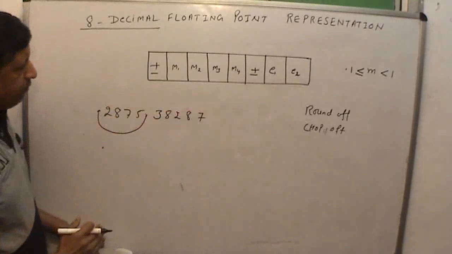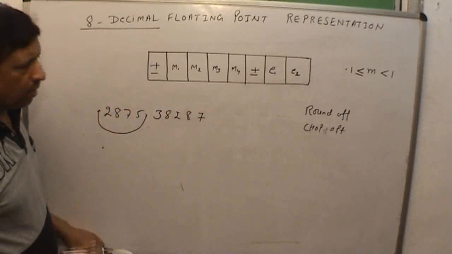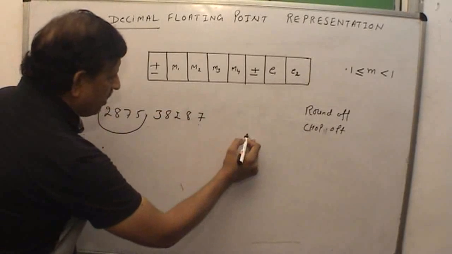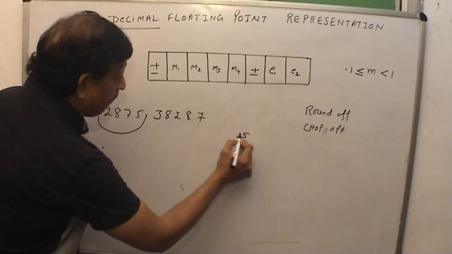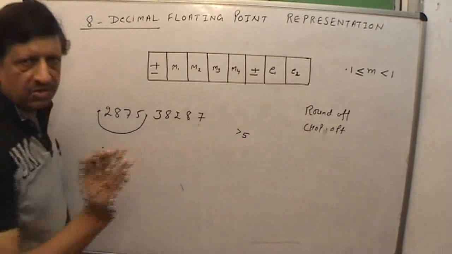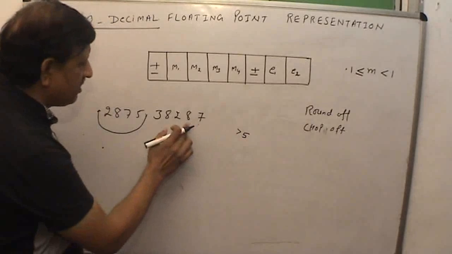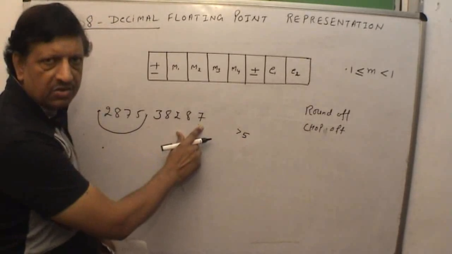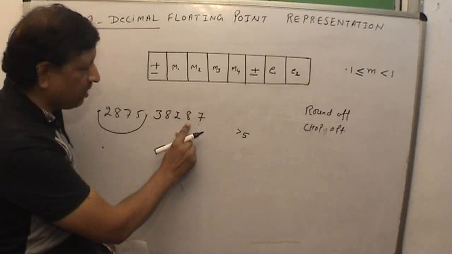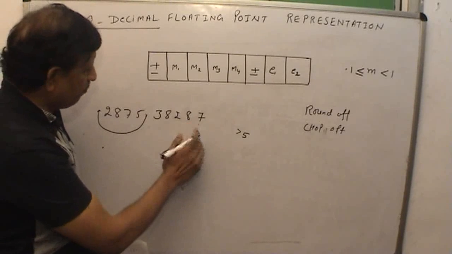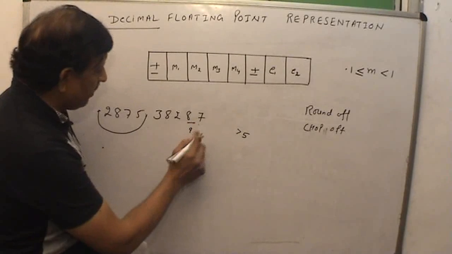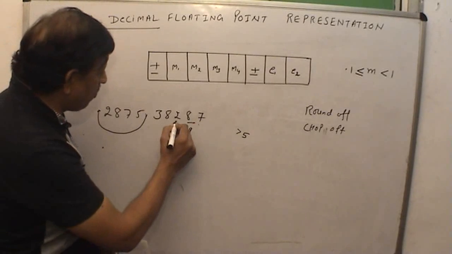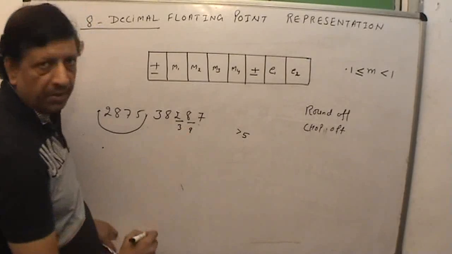If we want to round off, let us see, if the last figure is greater than 5, we increase the figure before it by 1. Say it is 7, it is greater than 5, we will count it as 9. Of 9, it is greater than 5, we will count this figure as 3.